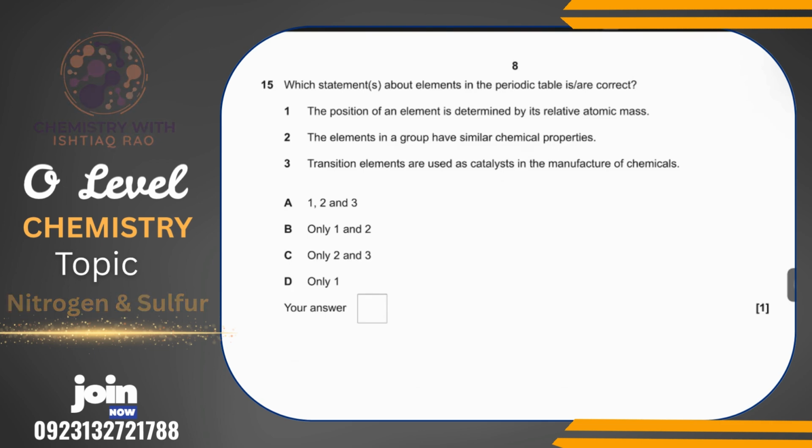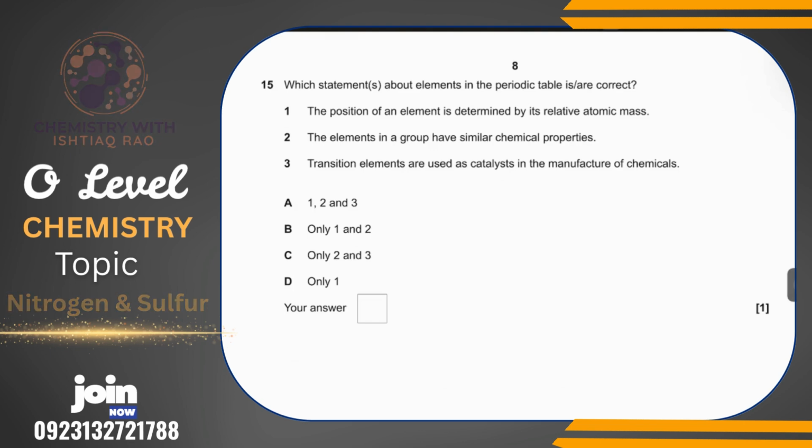After looking at the proton number, we can write down the electronic configuration, and after writing down the electronic configuration, I can see the group number. So statement one is wrong, of course. Then statement two: the elements in a group have similar chemical properties. Yeah, this is correct.